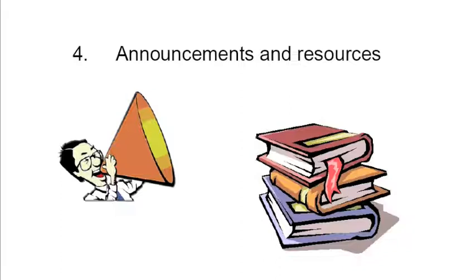Assessment's an important aspect, and I'm sure you're going to be keen to find out about that. And finally, in this little video, I'll talk a little bit about important announcements that your lecturers will make from time to time, and I'll also show you where you can find resources that you can use from Blackboard that'll support your learning.